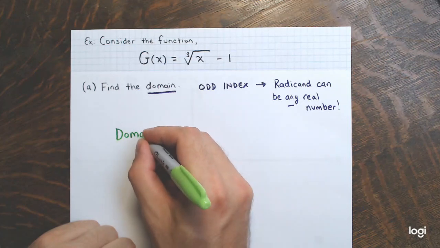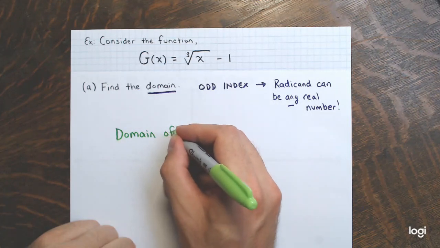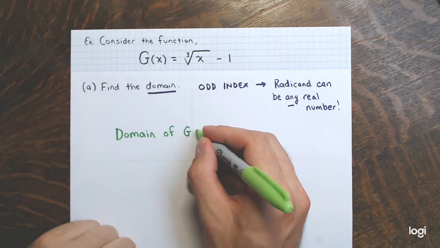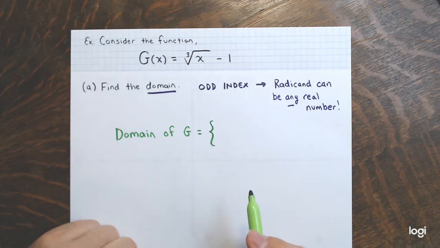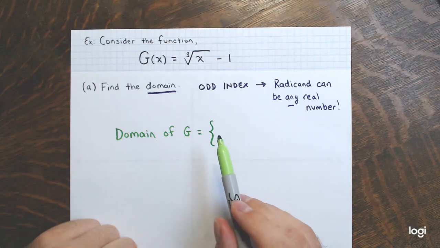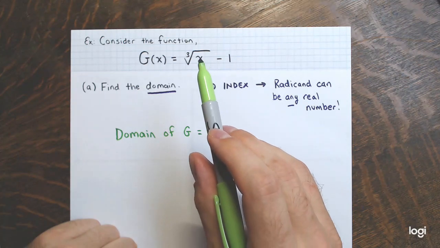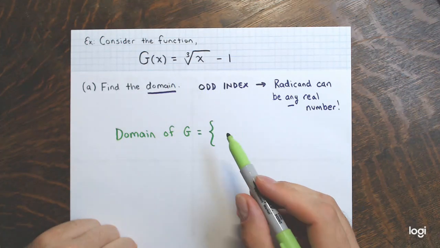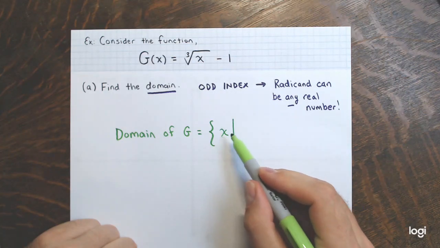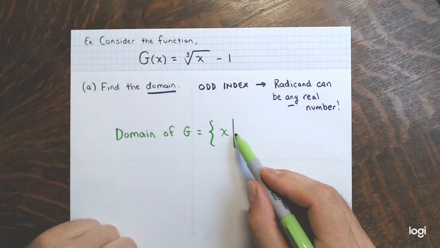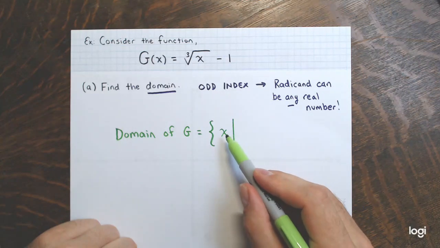So I'll state this: the domain of this function capital G equals, and first I'm going to write it in what's called set builder notation. It's the set of all values of x, my independent variable is x, just so long as, and then the condition afterwards, after a bar or a colon.